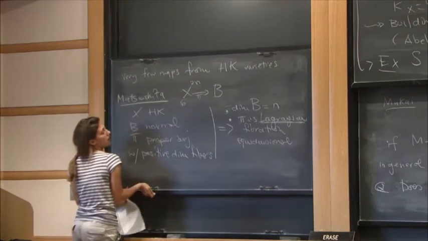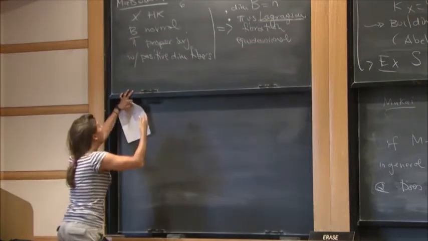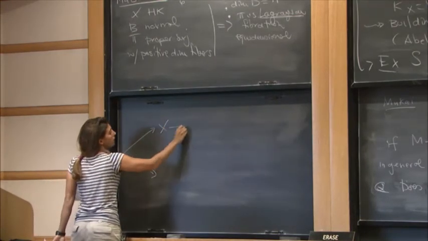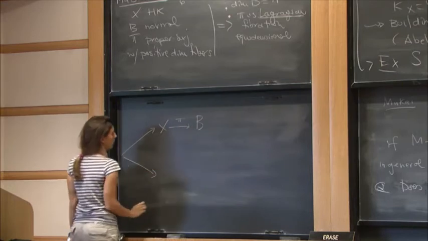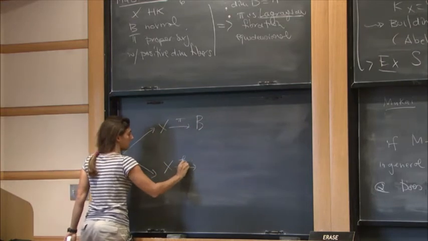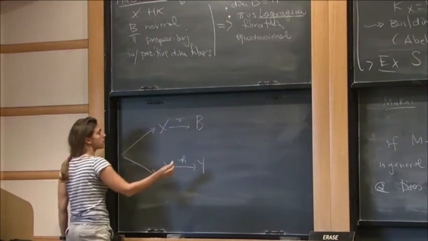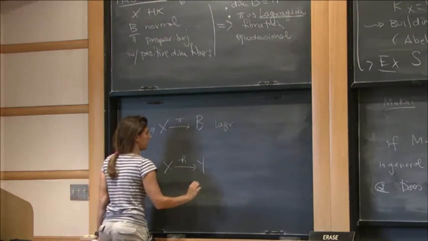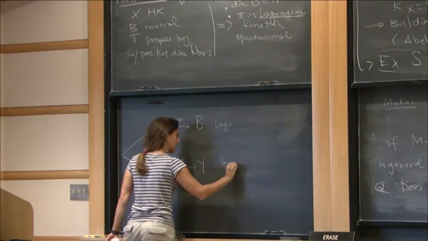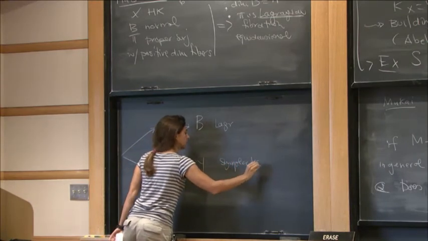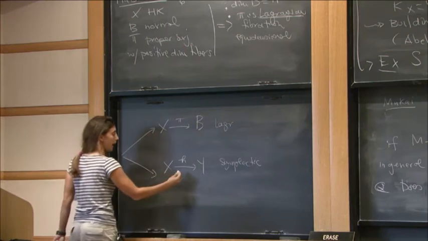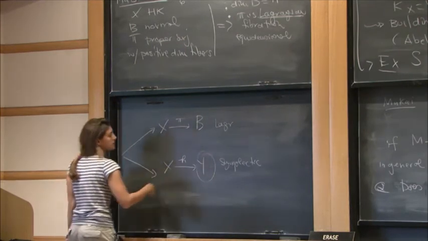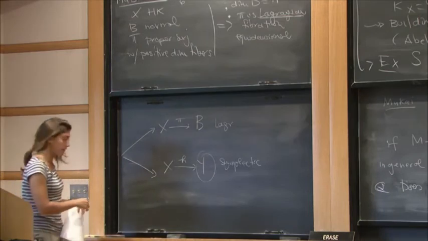So essentially, all the maps from a hyperkähler can be either a Lagrangian fibration or a symplectic resolution. So I mean a birational map such that the target is singular but has a symplectic form on the open locus.